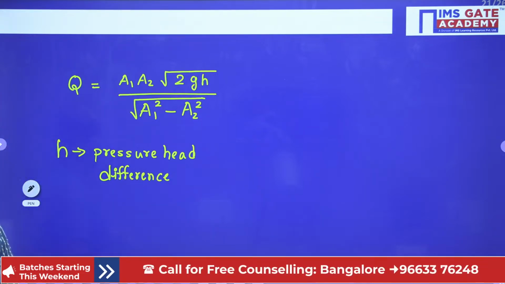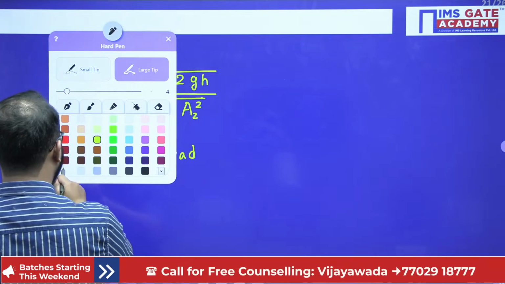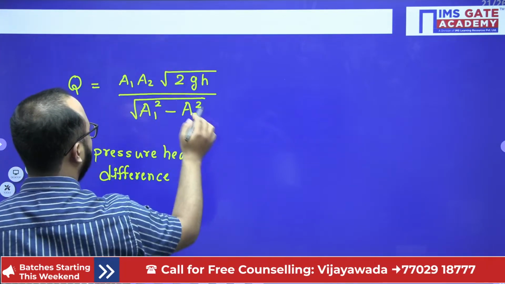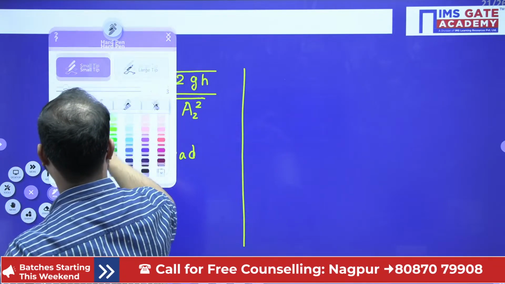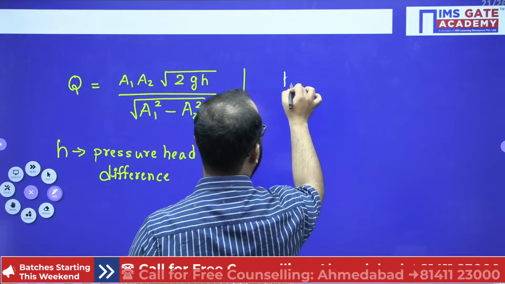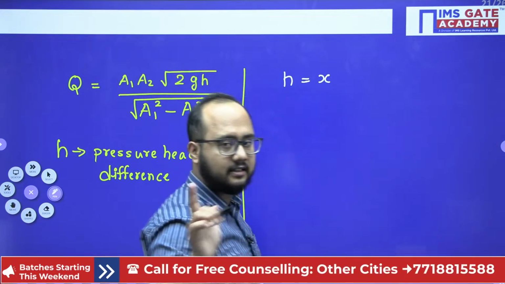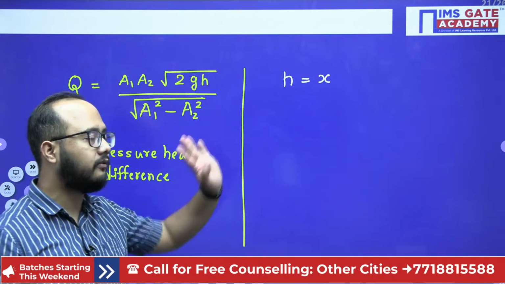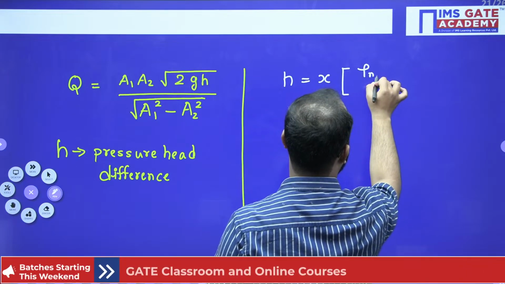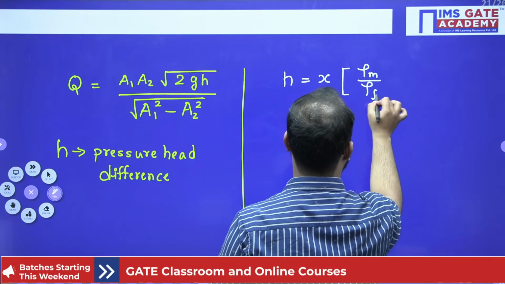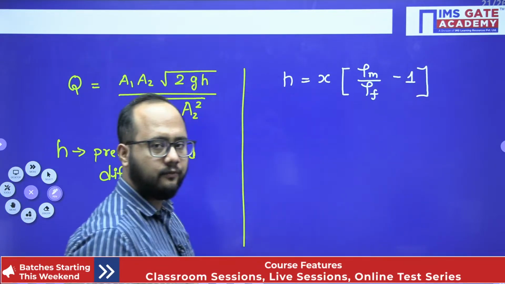And what is the formula that we have used directly to calculate pressure head difference? In the venturimeter last class, I derived the direct formula for this value of H. It is manometric fluid density divided by density of fluid, minus 1, or I can take the specific gravity also.